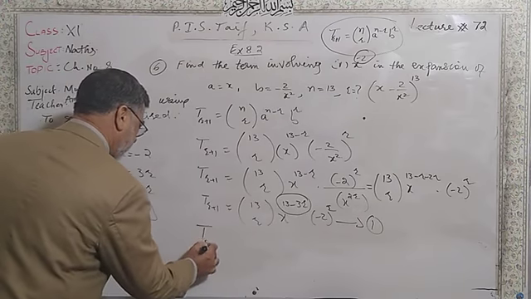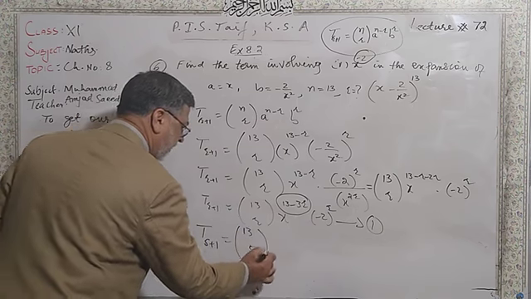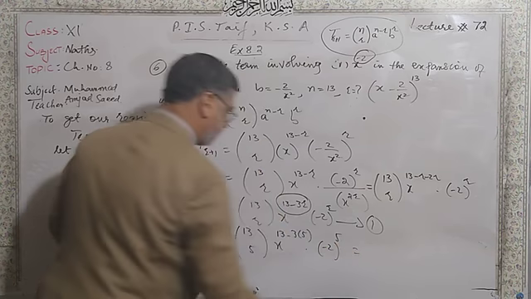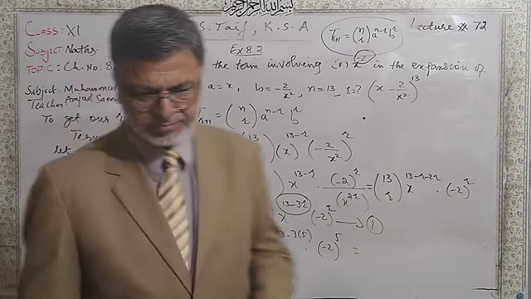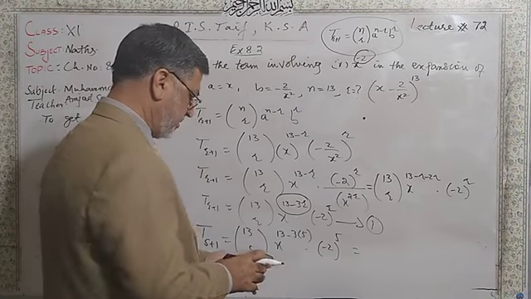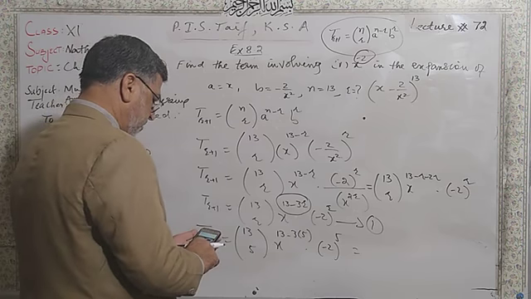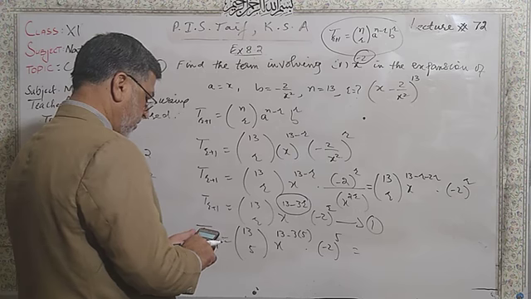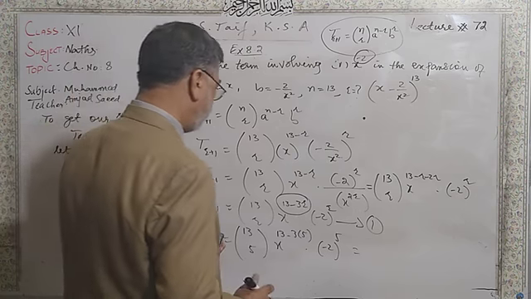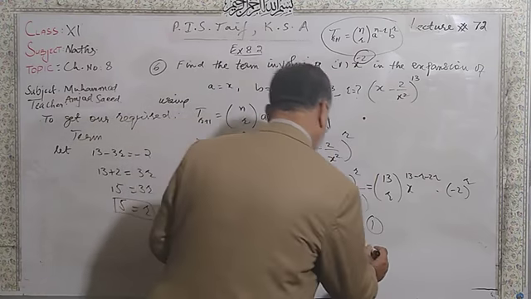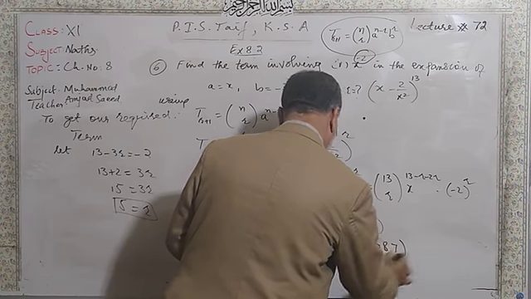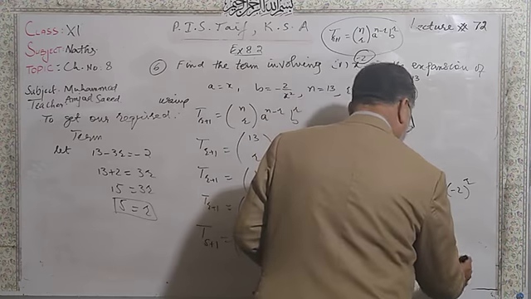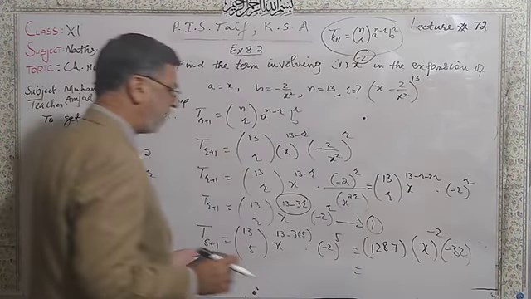So you will have T(5+1), 13C5, x power 13 minus 3 into 5, minus 2 power 5. 13C5 is 1287, and x power 13 minus 15, that will be minus 2, and minus 2 power 5 is minus 32.